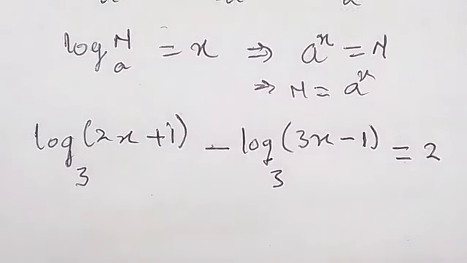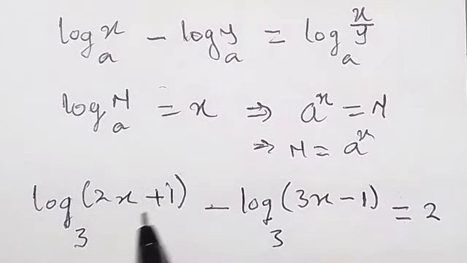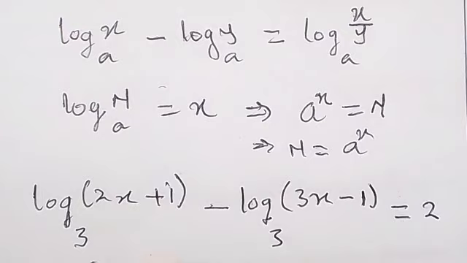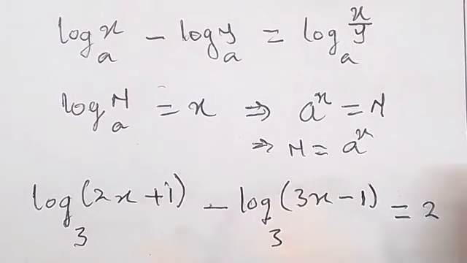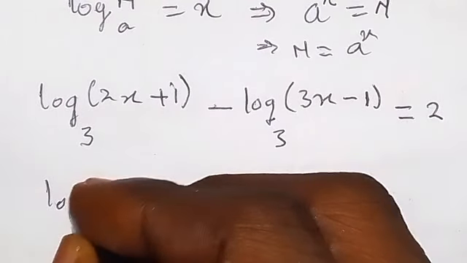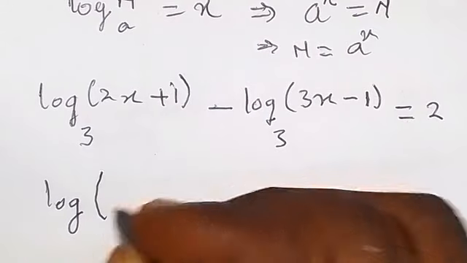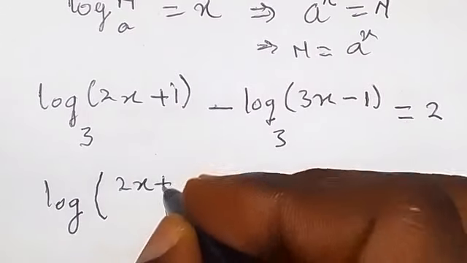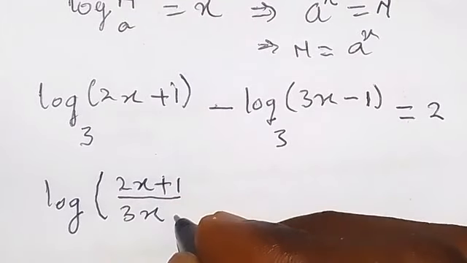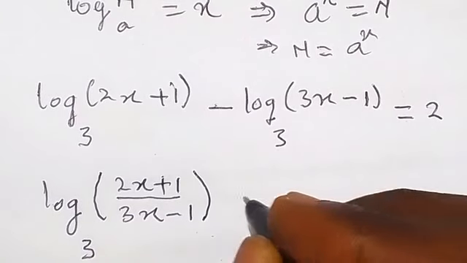And don't forget from the law that when two logs are subtracted in the same base like this, we can summarize it as one log. So when we divide, we have log of (2x plus 1) divided by (3x minus 1), also in base 3, then equals 2.